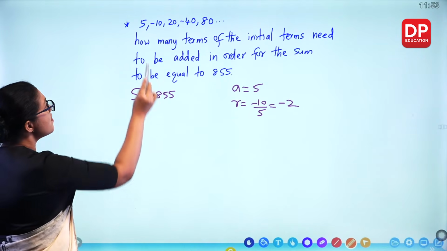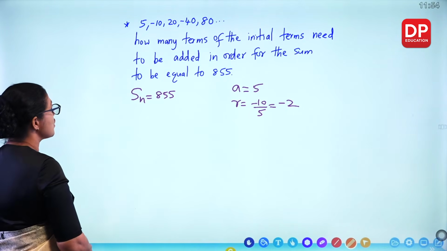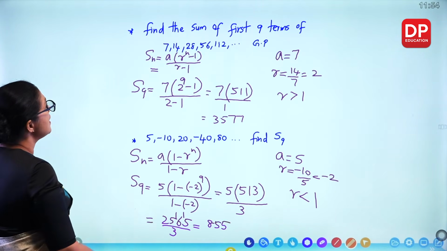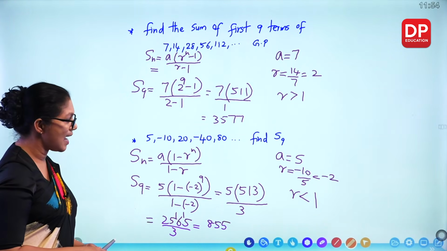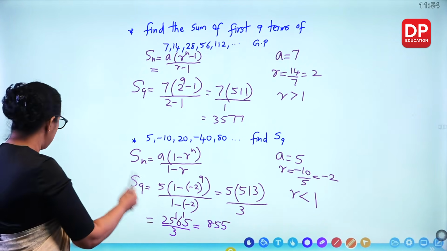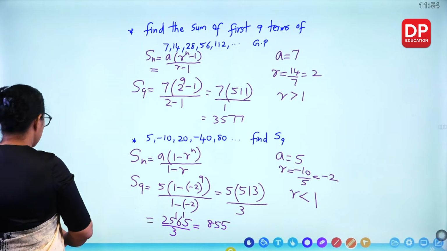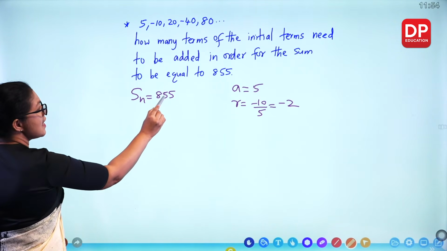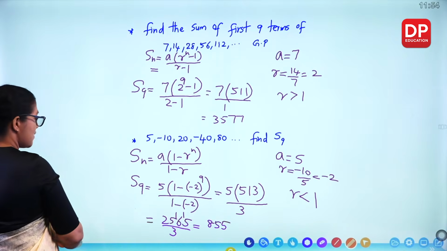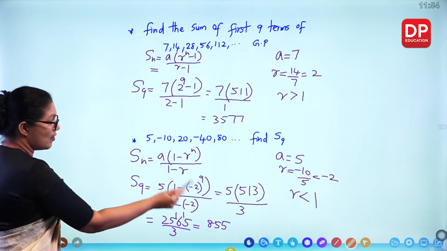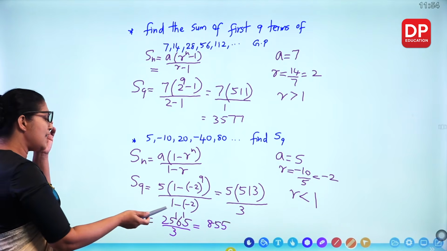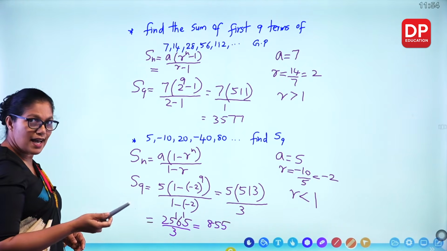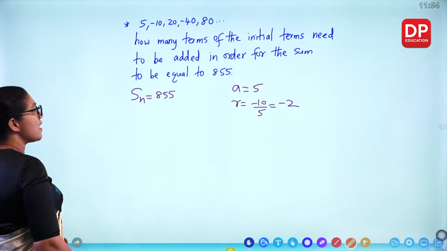Now this is the reverse of the previous question. In the previous question, you were given the sequence and asked to find S9, and here the sum is given. So it's the same answer that we got here. Before we do that, we need to get n as 9. So we'll try that out.